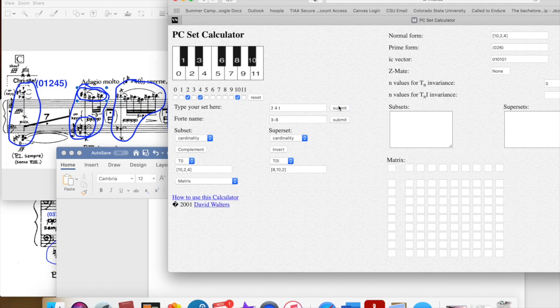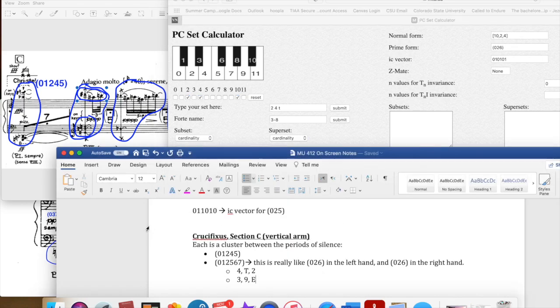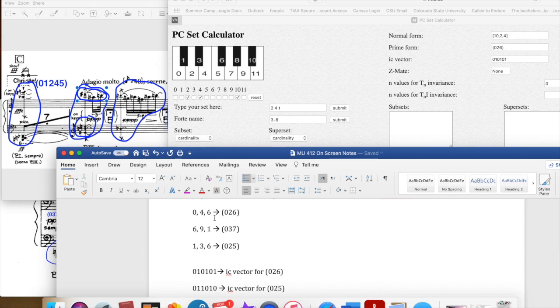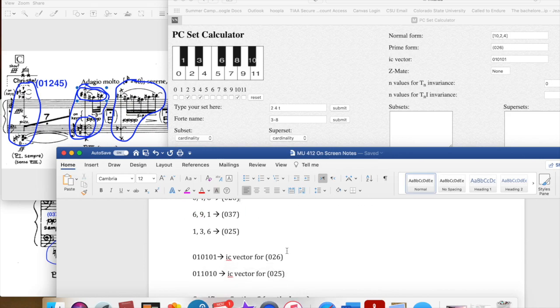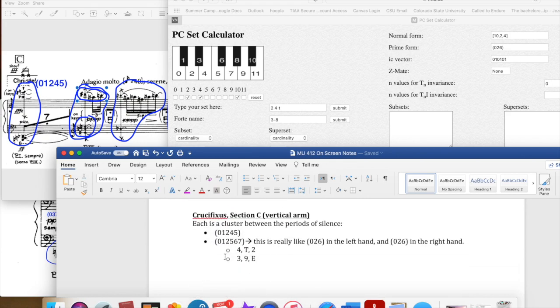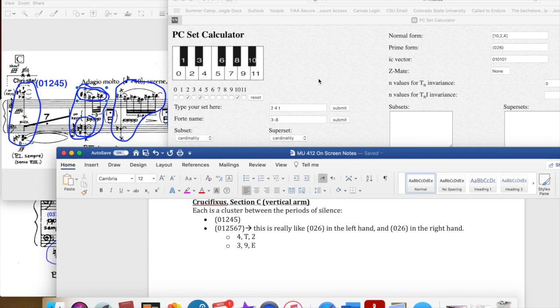So 0, 2, 6. We looked at that in the other video, in the top voice of that triad string. We looked at its interval class vector to note that it has this interesting symmetrical pattern.